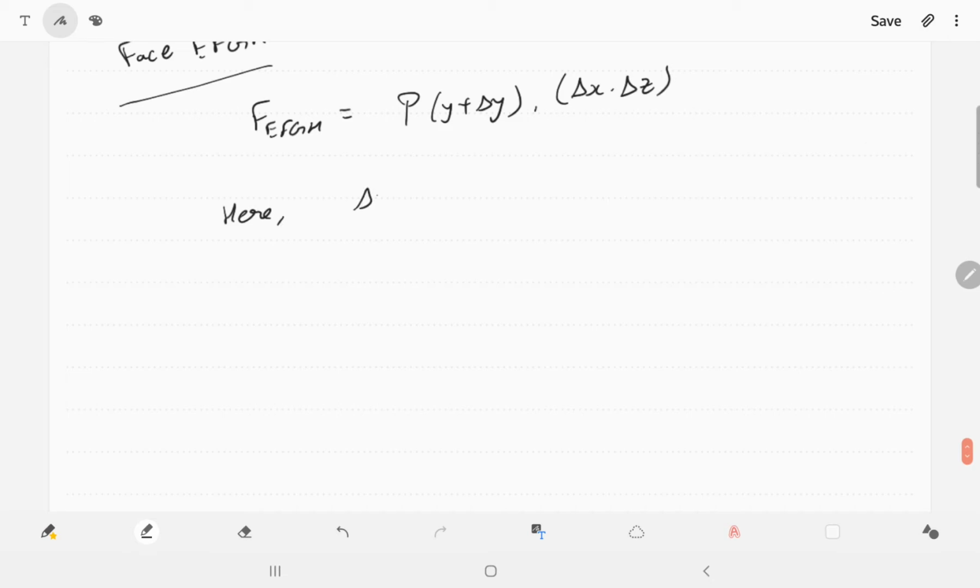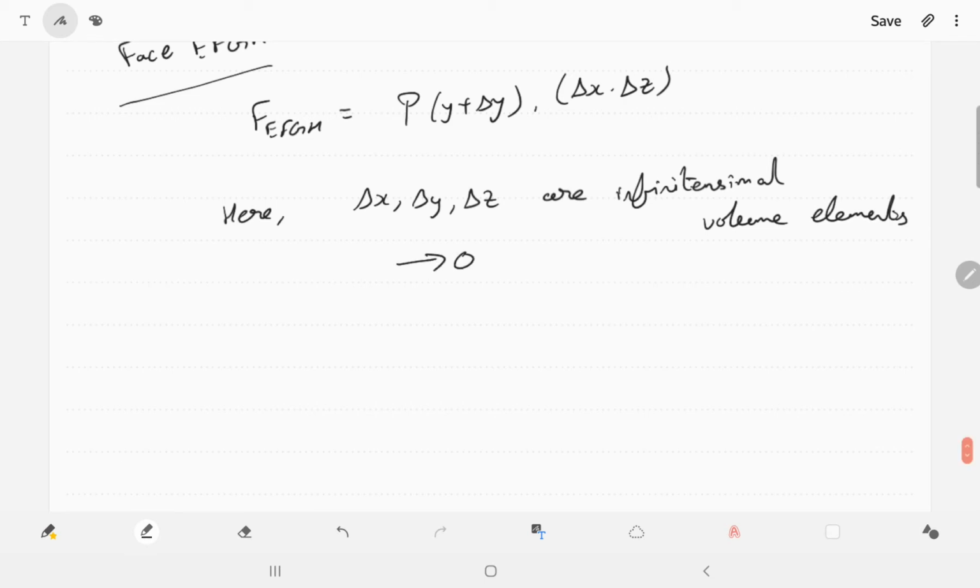Here delta x, delta y, delta z are infinitesimal volume elements, that means their values tend to 0.